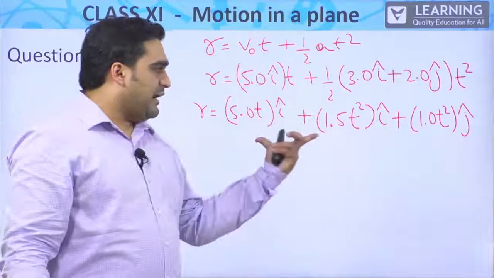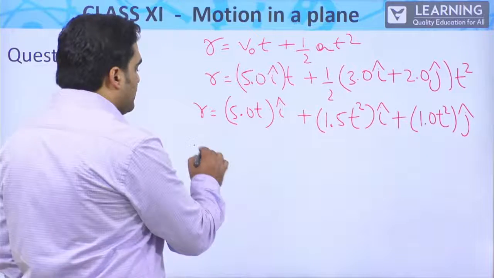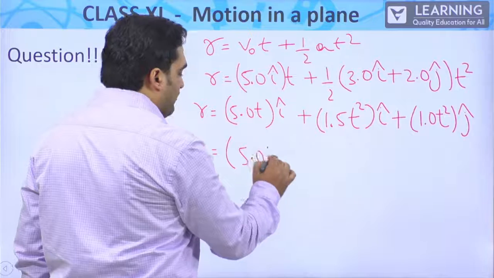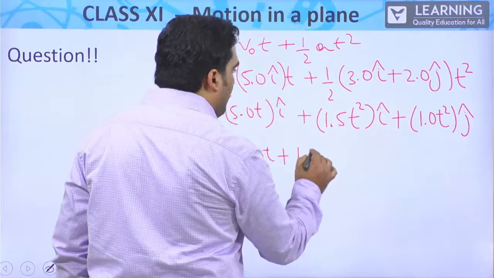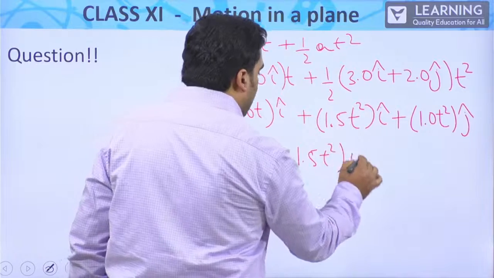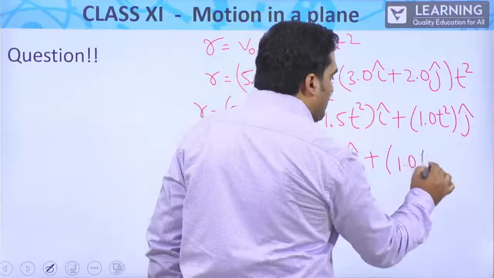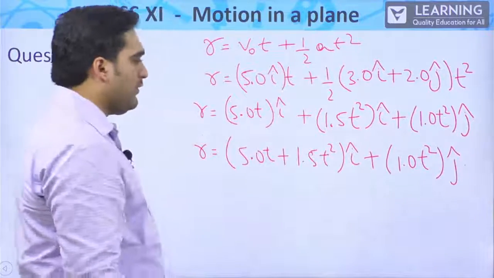Bring all the i cap on one side, take the common factor which is i cap. So you get r equals 5.0 t plus 1.5 t square i cap plus 1.0 t square j cap.